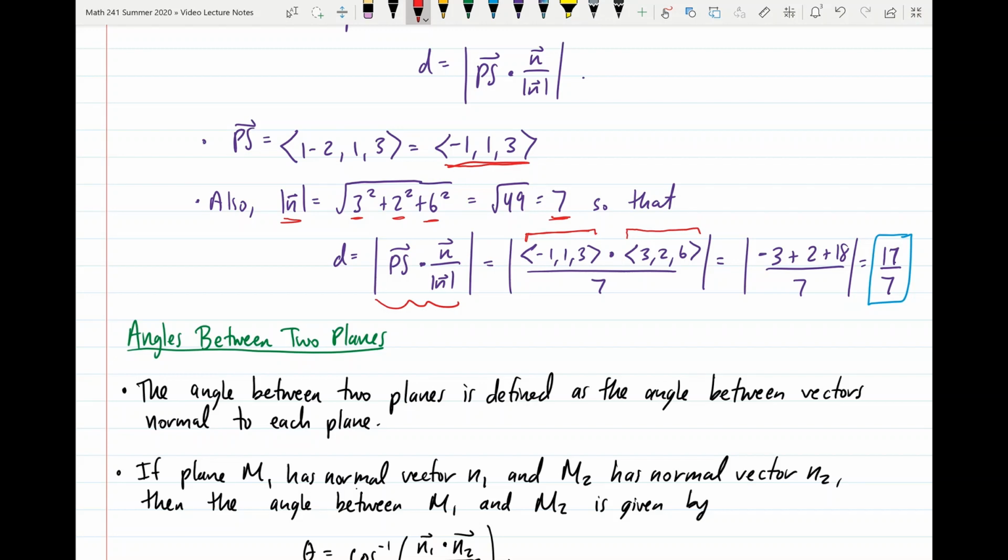And then divide by the magnitude of n, which is 7. We end up finding that this dot product is equal to 17, and then we can divide by 7. And so ultimately the distance from our point S to the plane that was described by the equation above is equal to 17/7.